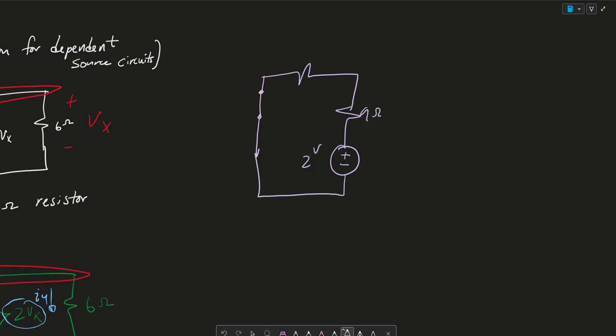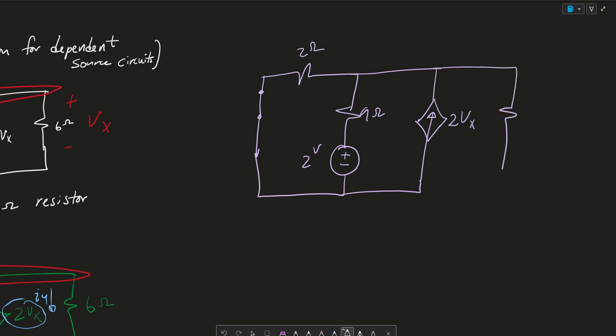Two volts, 9 ohms, 2 ohms, 2 Vx, six ohms. And we consider this to be Vx2. Again, it's this entire node right here.